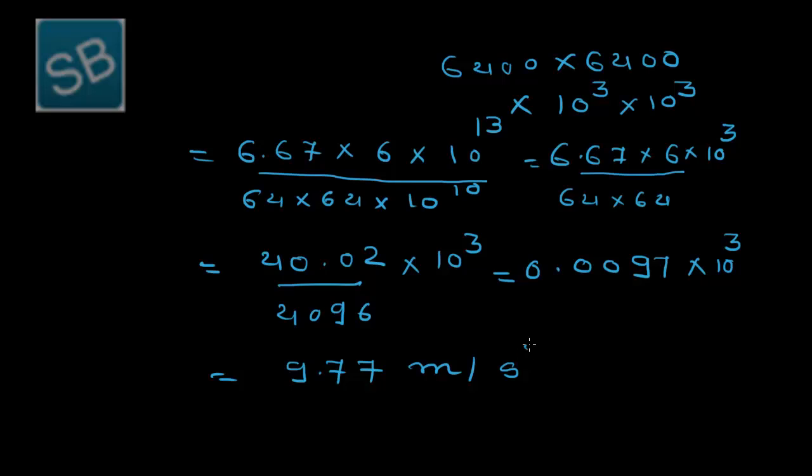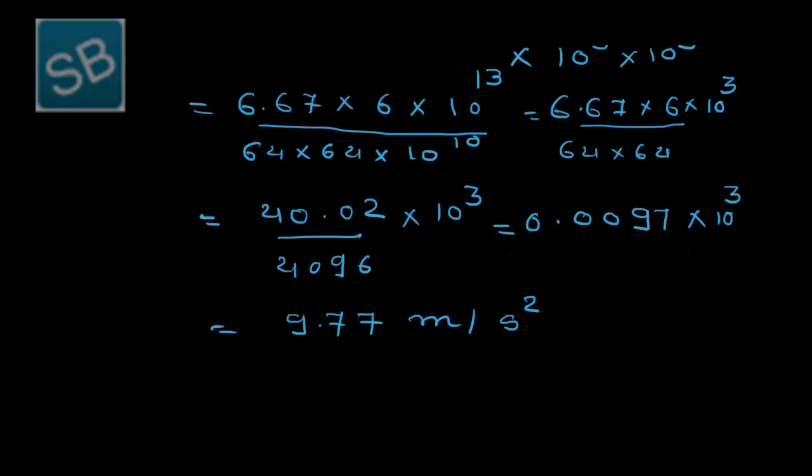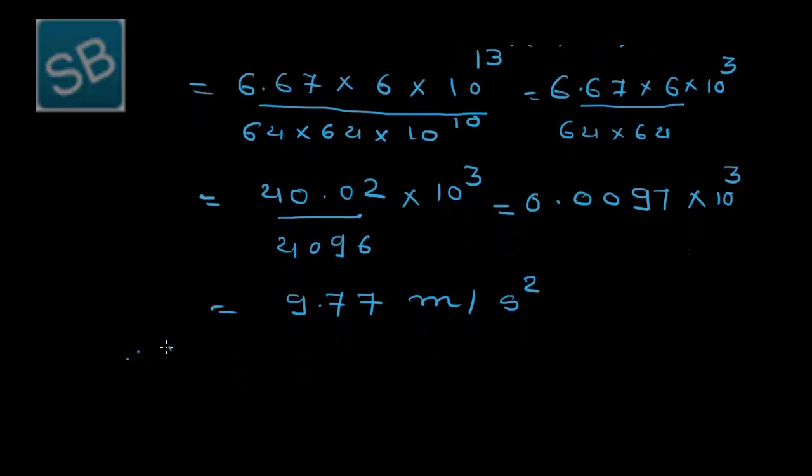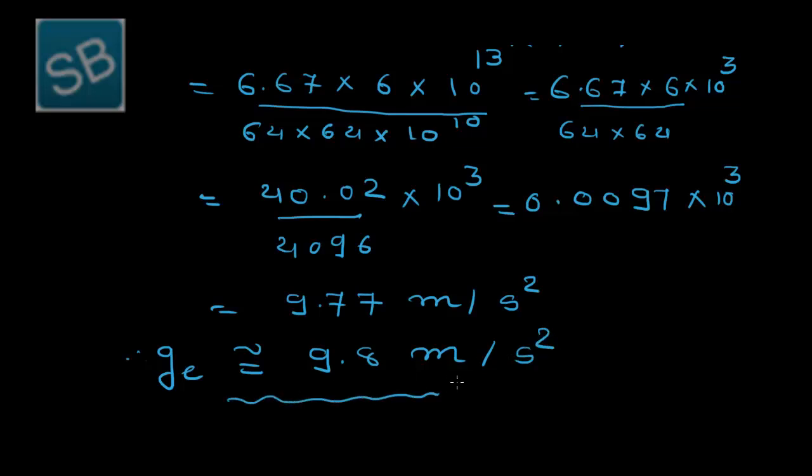So it is 9.77 meter per second square. I can generally write the value as 9.8 meter per second square. And with this our article is over, and we will solve some examples regarding this theory.